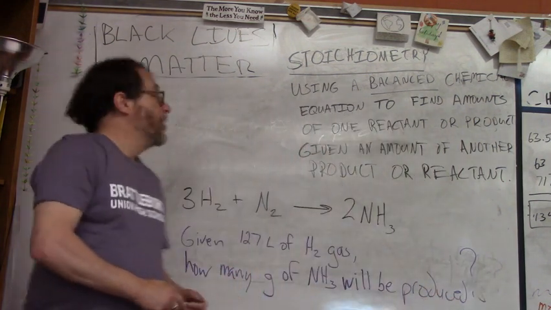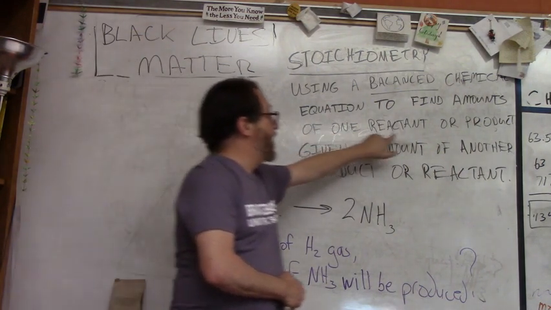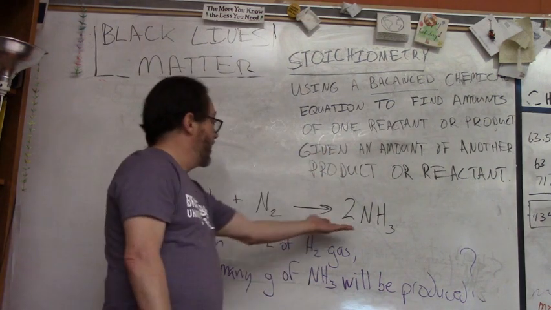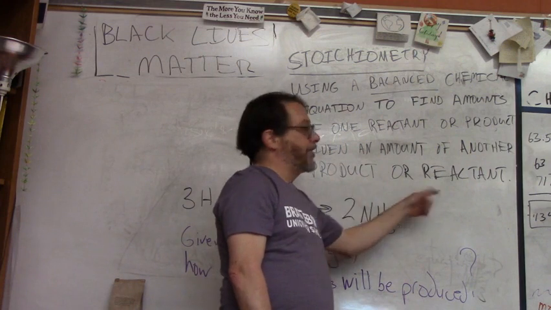So, using a balanced chemical equation to find amounts of one reactant or product given an amount of another product or reactant.